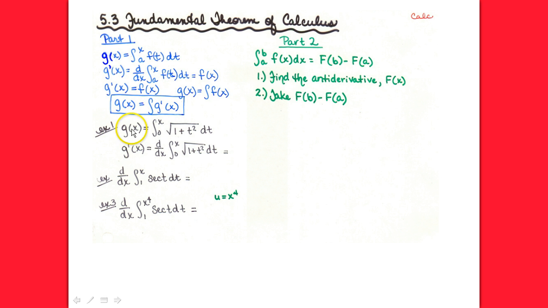We've got g of x is equal to the integration from 0 to x of the square root of 1 plus t squared dt, and they ask us to take the derivative of that in terms of x. So I'm going to go through and take the derivative in terms of x. When I take the derivative of an integral, they'll cancel each other out as long as these variables are the same. Like, I can't take the derivative in terms of x of an integral that goes from 0 to t, right?